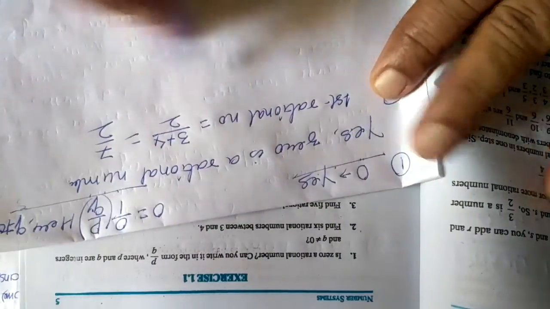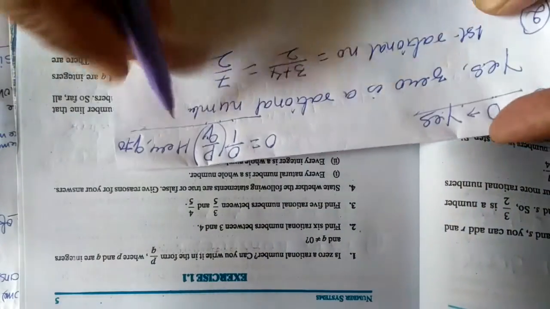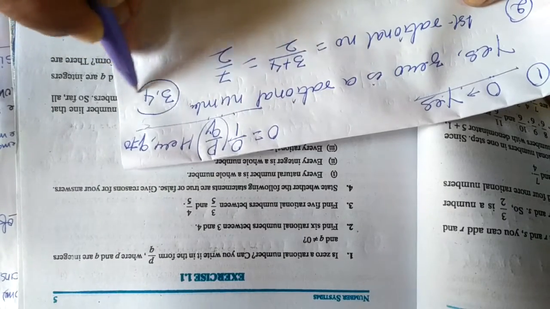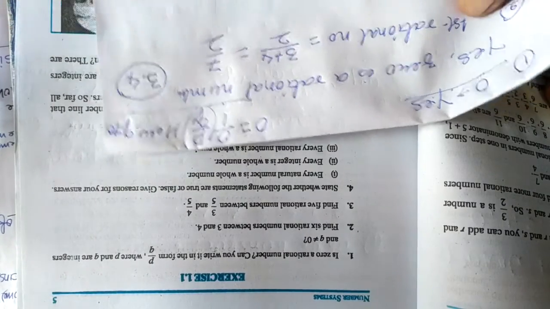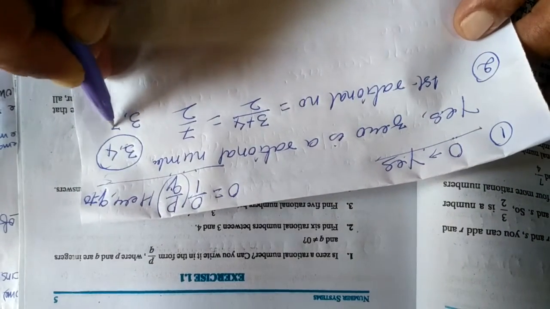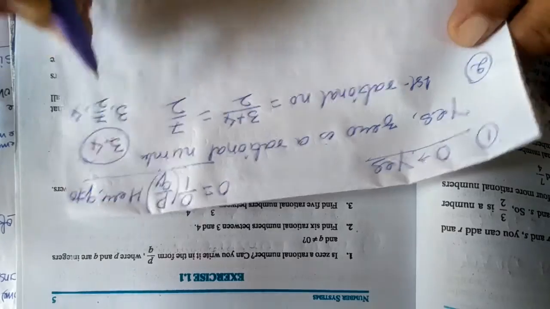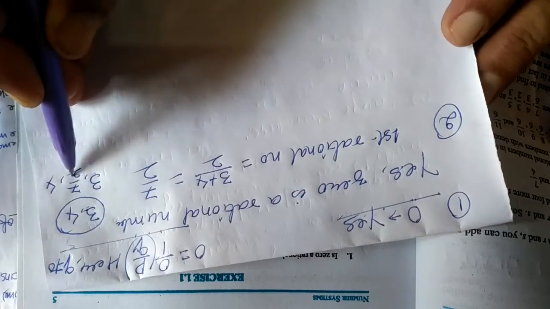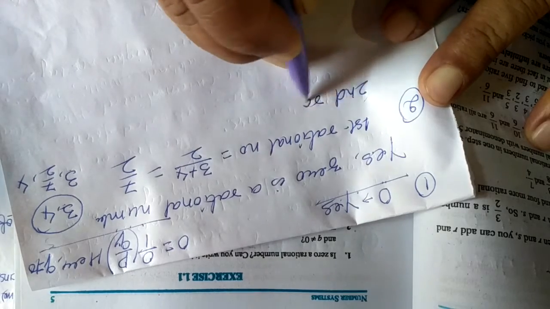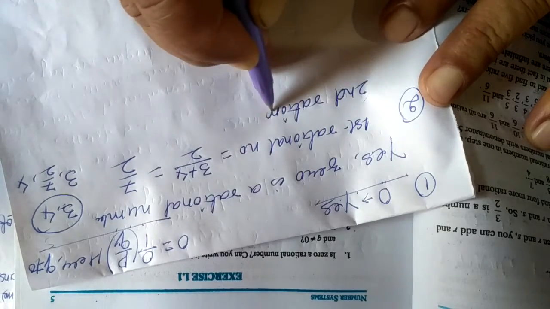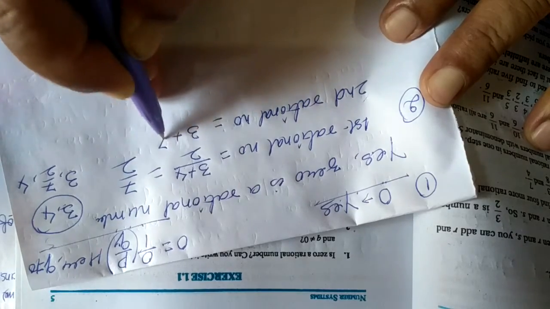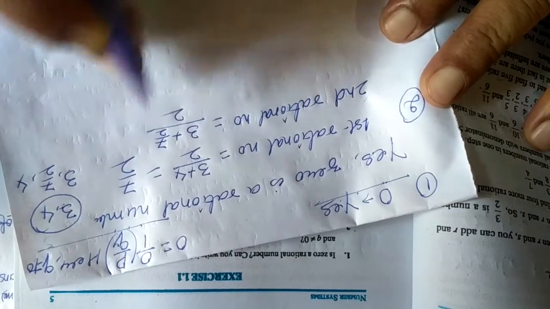Now again, we will have to do the same here. See here, 3 and 4. We have to keep these in mind. Now 7 by 2 appears between 3 and 4. Now we have to add 3 and 7 by 2 and divide by 2 for the second rational number. The second rational number will be 3 plus 7 by 2 divided by 2.